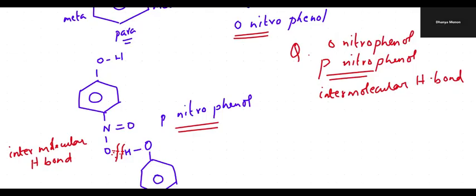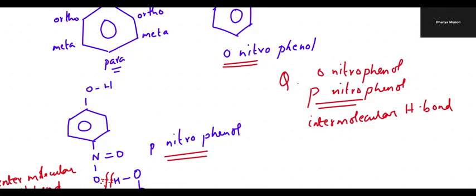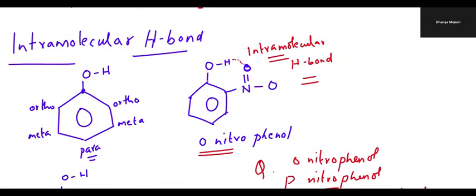Okay. In case of the orthonitrophenol, we didn't select orthonitrophenol because if there are a lot of orthonitrophenol molecules, there will be no intramolecular hydrogen bond. In fact, there will be van der Waals force. This intramolecular hydrogen bond is for single molecules.